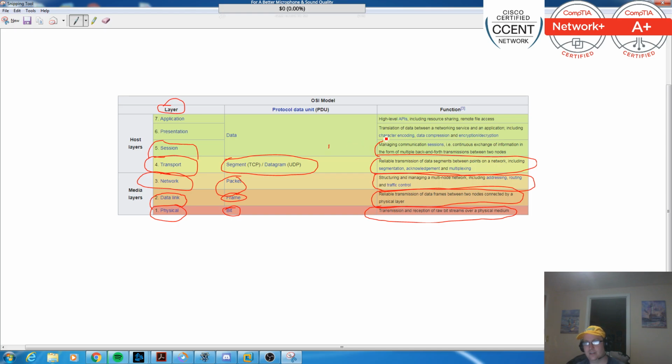Session is managing communication sessions, continuous exchange of information in the form of multiple back and forth transmissions between two nodes. That's a session. A session is exactly establishing a session.